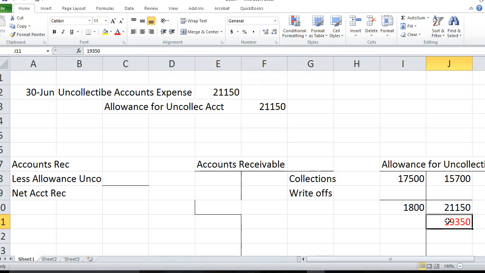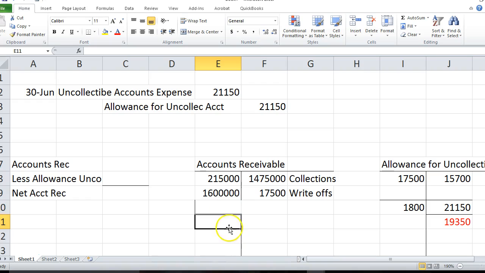So, in this scenario, our accounts receivable is going to still be, it started with a balance of $215. We had collections of $1,475,000. We had credit sales of $1,600,000. We wrote off $17,500.